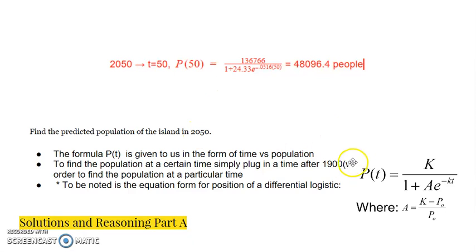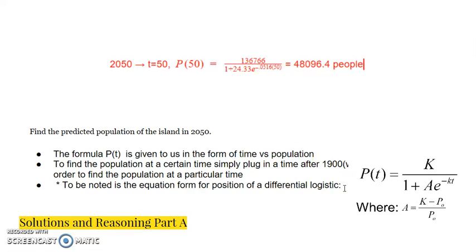Because the equation is already given to us, P of t equals K over 1 plus A e to the minus small k t, we know that this is the standard position formula for the logistic equation. If we plug in a value of time t, it'll give us the population.